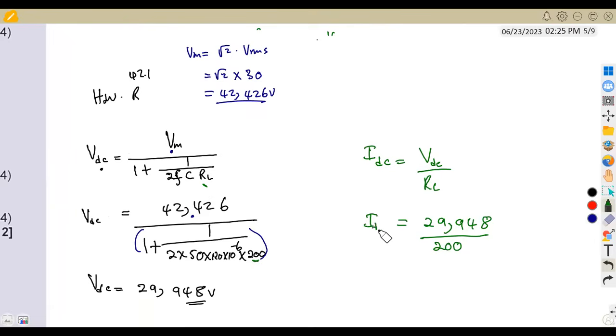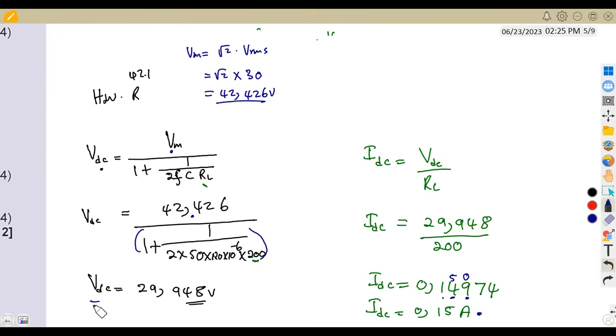This gives us the output current, which is now a DC current. That will be something like 0.14974, so we can round off to 3 decimal places. That is 1, 2, 3; the 7 changes the 9 into a 0, we give a 1 here, and that will be a 5. So this will be something like 0.15 amps.